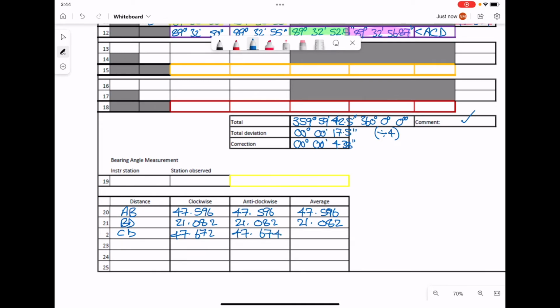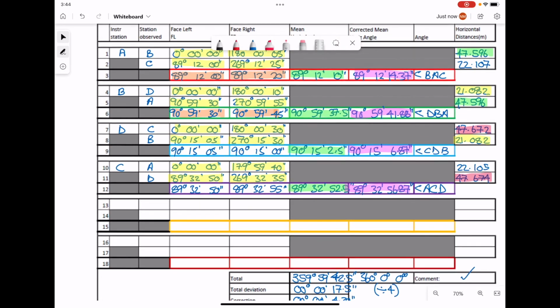Work out the average, and we get 47.673.